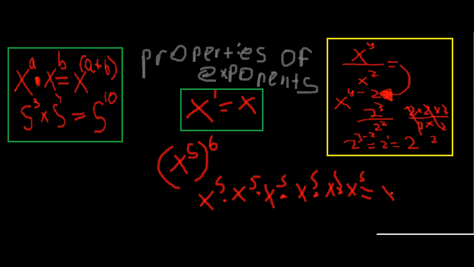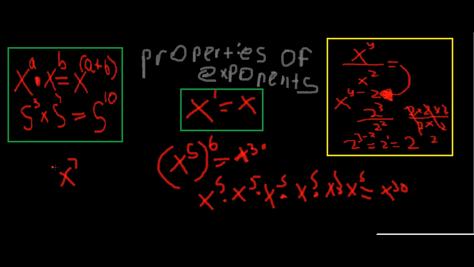And notice, something cool. What if you multiply these two things? You'd get x to the 30th. Maybe that's just a coincidence for 5 and 6. Let's try something else. X to the 7th to the 2nd.